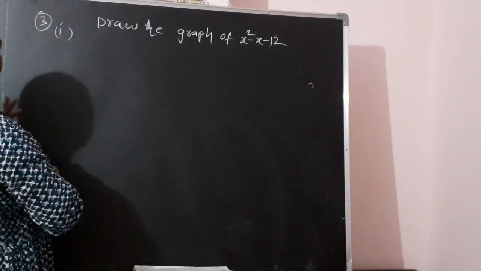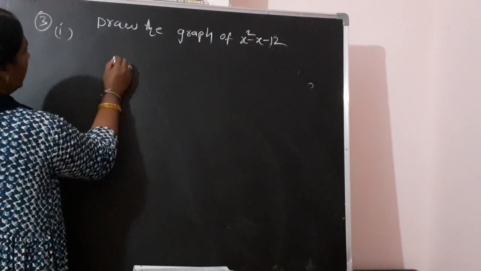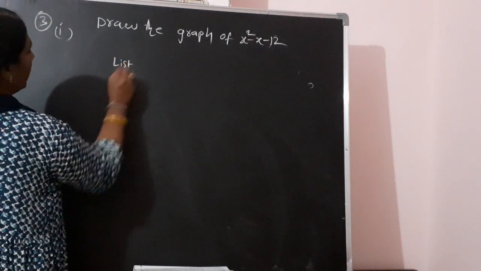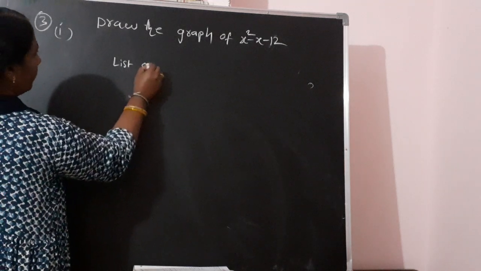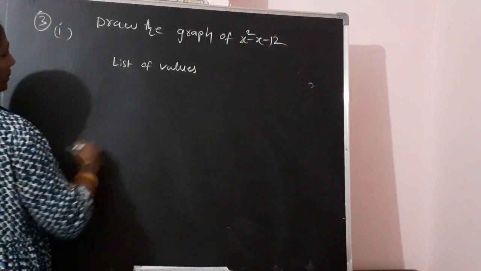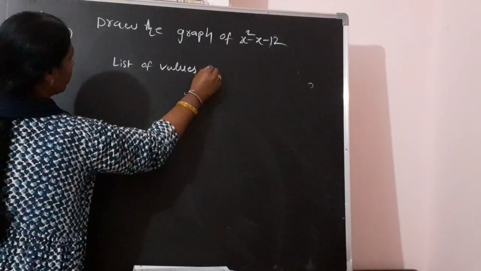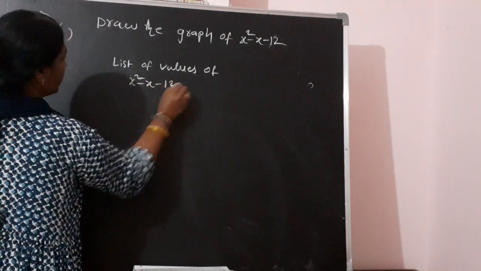Okay. So for this, how can you draw? First of all, you have to list the values of x square minus x minus 12. Okay.